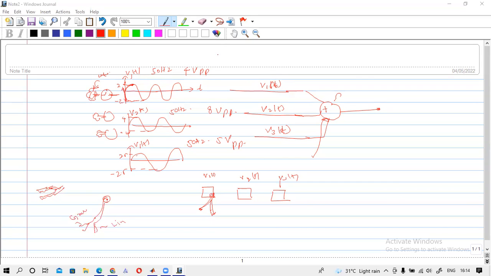Okay, if I connect like this, actually I haven't done this, but I think it will work. If you have three generators, here you have a ground cable, and here you have a line.